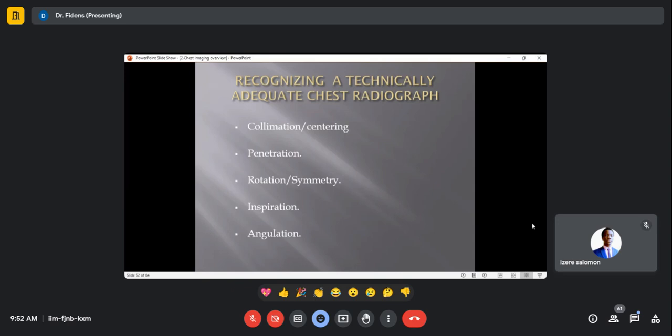And number 5, the fifth one, angulation. You remember I showed you some diagrams. When you are exposing a patient on X-ray, the X-ray beam should be perpendicular to the body of the patient.